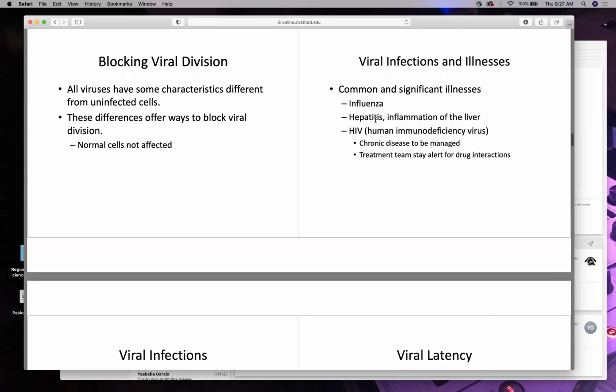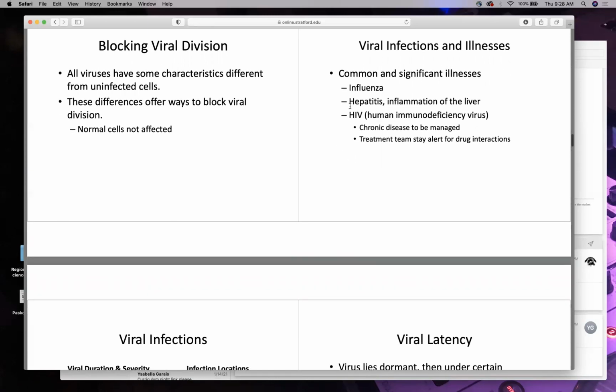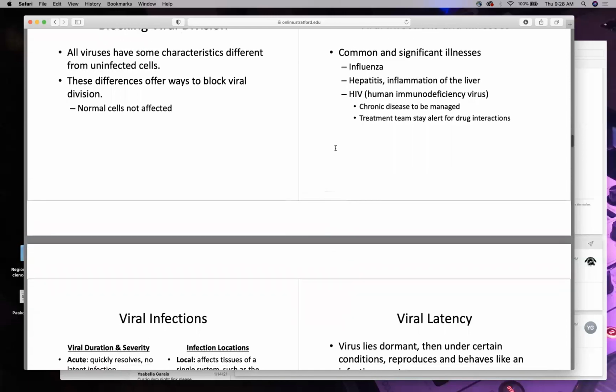And I mentioned influenza, hepatitis, and HIV. In the bloodborne pathogens, hepatitis and HIV are a big thing. And once you get these two, you already become immunocompromised. Your immune system becomes damaged, you lower your shields, and then you can get even sicker with what they call a superinfection, another infection on top of the infection that you already have.